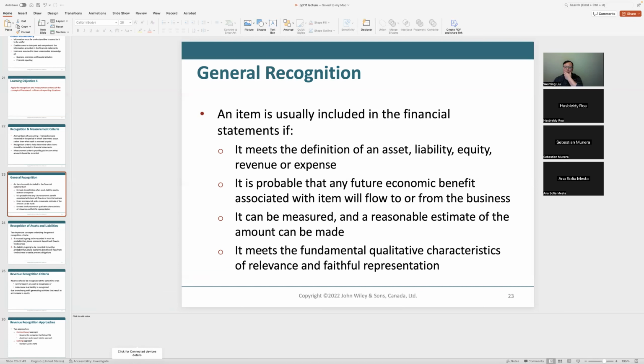Could you repeat the question, Professor? Yeah, is the university president an asset to the university on the balance sheet? Do you recognize the value of having this person as the president of your university?